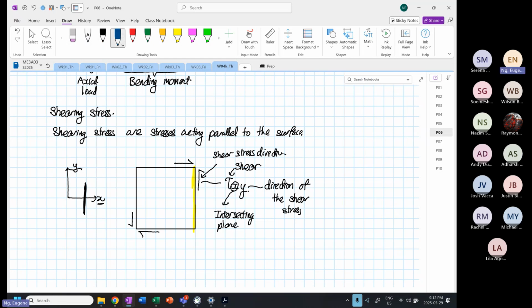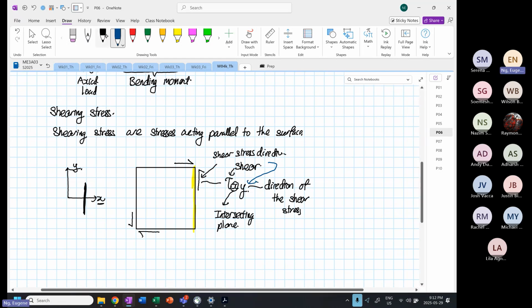So this is related to the shearing stress direction.